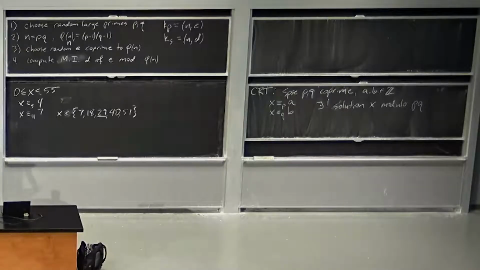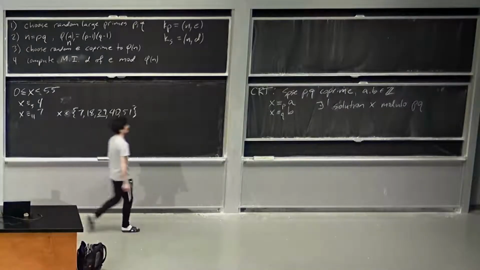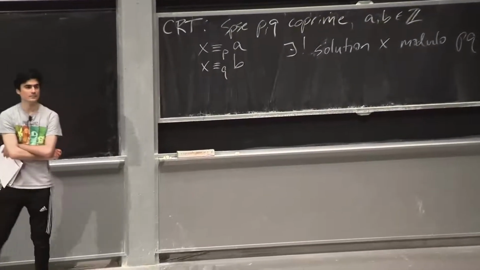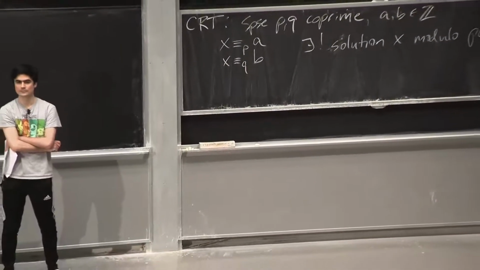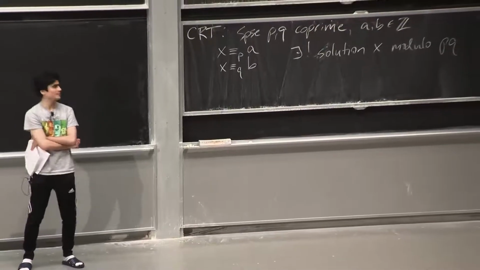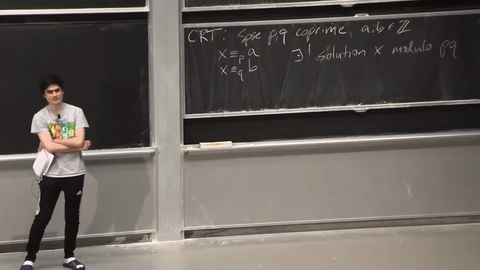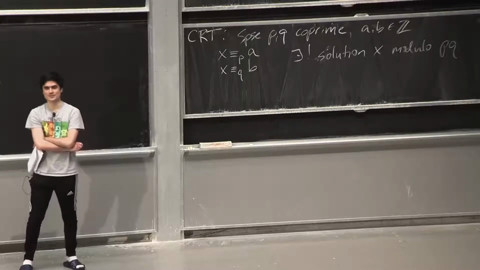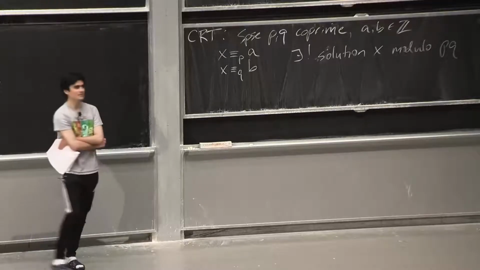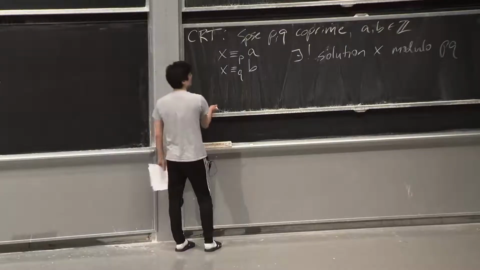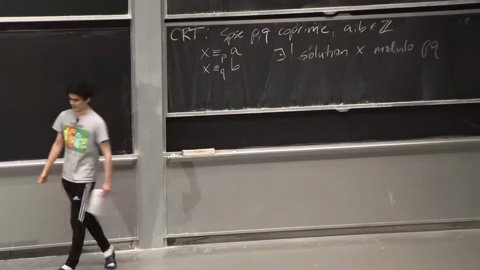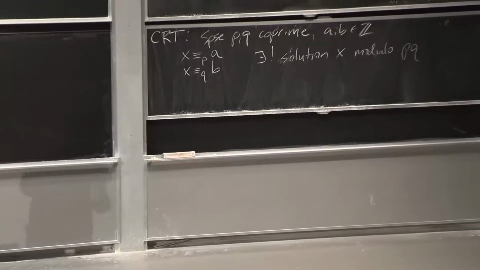So what are the elements that we need to prove in order to prove this theorem here? Well, we need to prove existence, and then we need to prove that there don't exist two solutions. Okay? So let's start with existence. Why does there exist a solution?